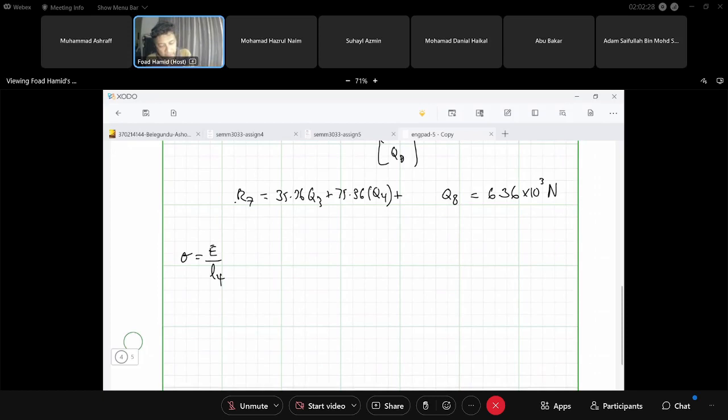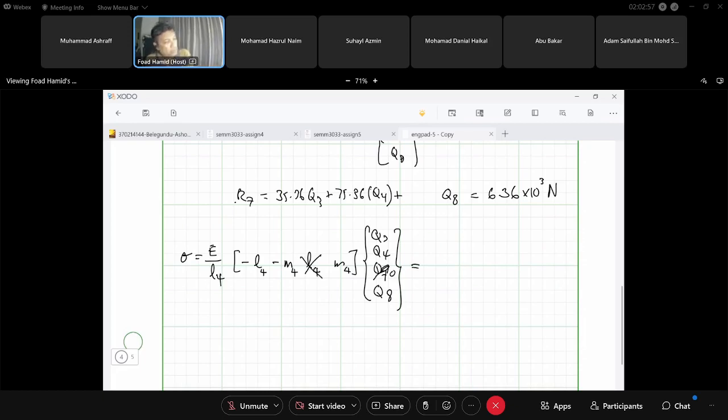And now this is minus L, minus S, minus M, L, and M. And of course, these are all for element number 4 and Q3, Q4, Q7, and Q8. Note that Q7 is equal to 0, so we do not need this one.